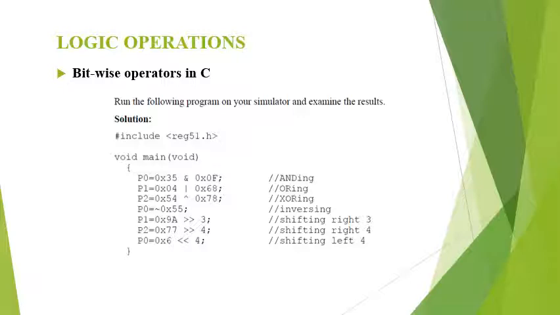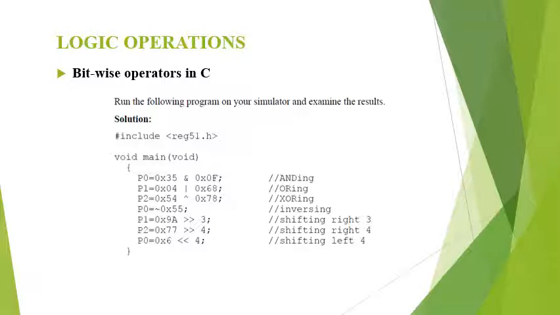P1 is assigned the value of 9A after shifting right 3 bits, and P2 is assigned the value of 77 after shifting right 4 bits, and P0 is assigned the value of 06 after shifting left 4 bits.